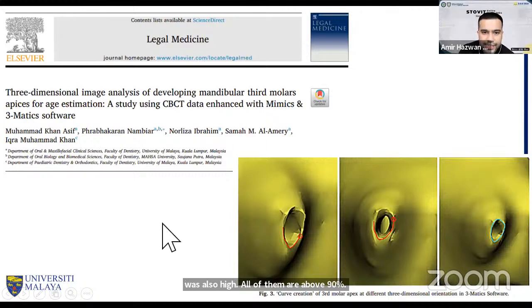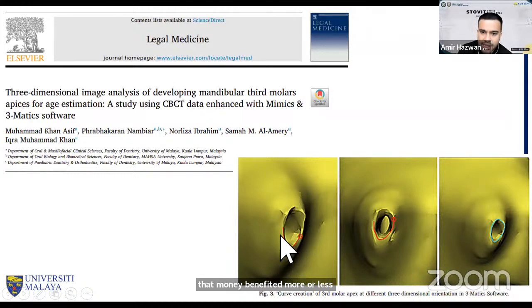This is not so recent, but we are still performing this study on other cases. This is the investigation of the surface area of the developing mandibular third molars' apices.